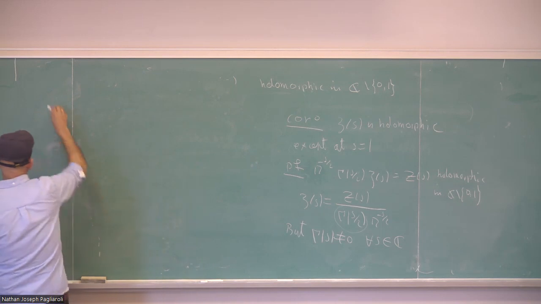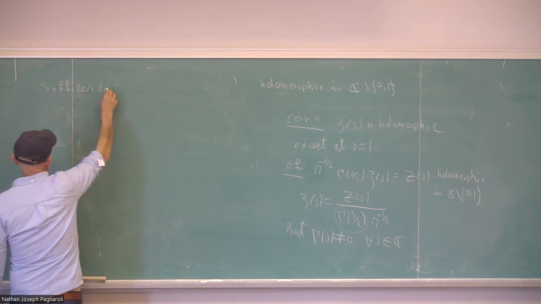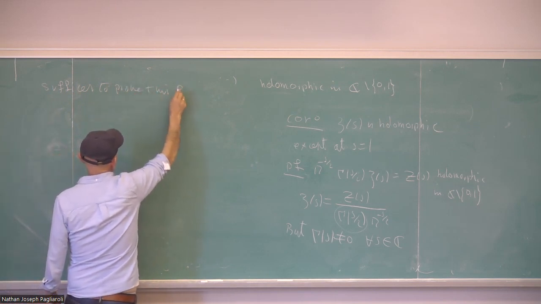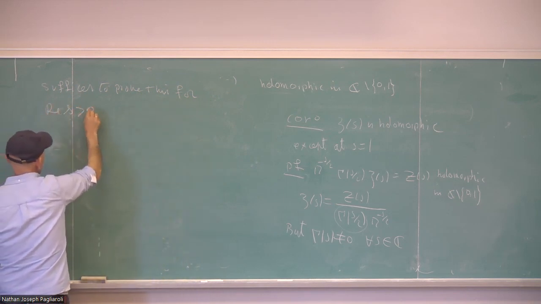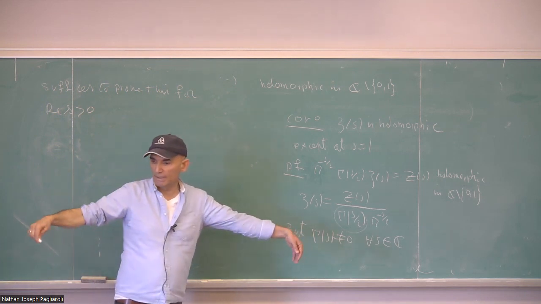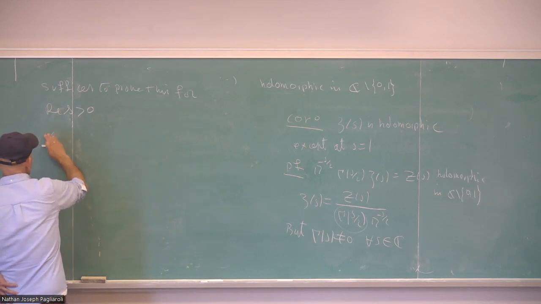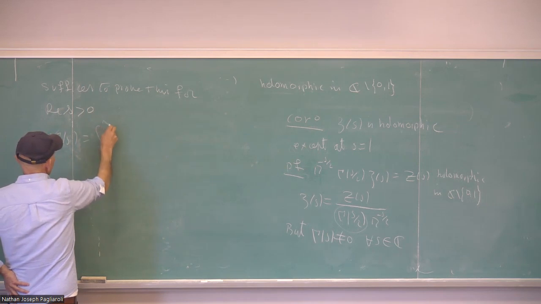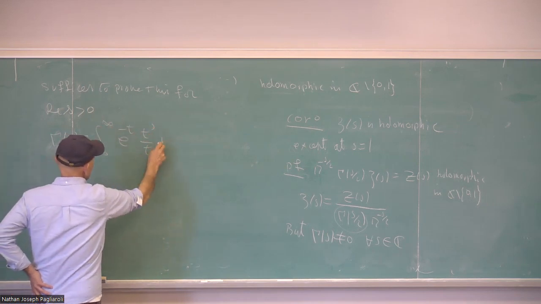It suffices to prove this for real part of s bigger than 0, because otherwise gamma is defined through this by dividing by s, s plus 1, and so on. But what is gamma of s? Well, this was the integral from 0 to infinity of e to the minus t, t to the s minus 1, dt.